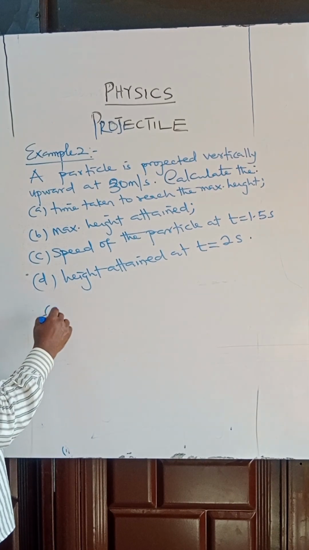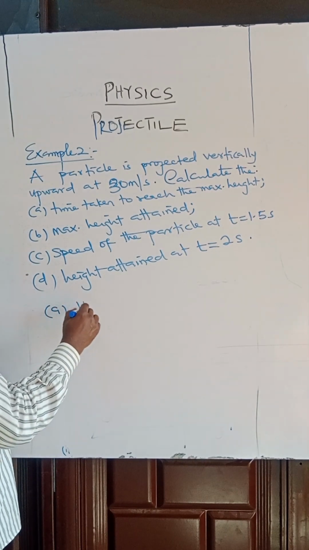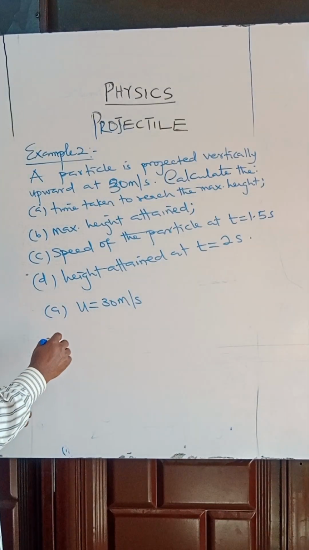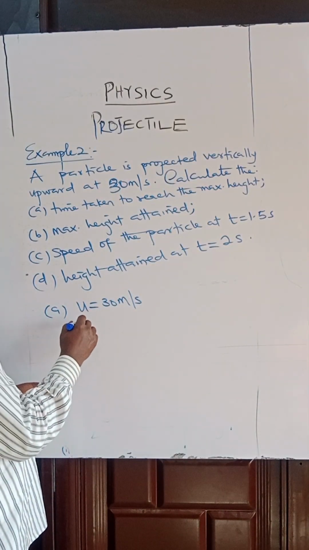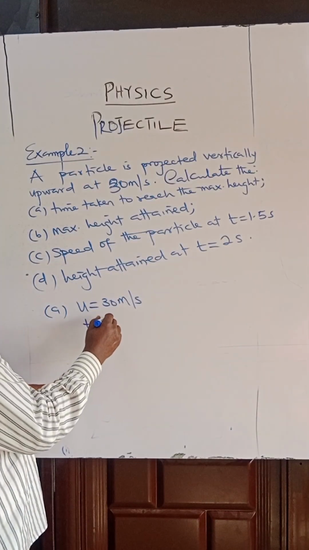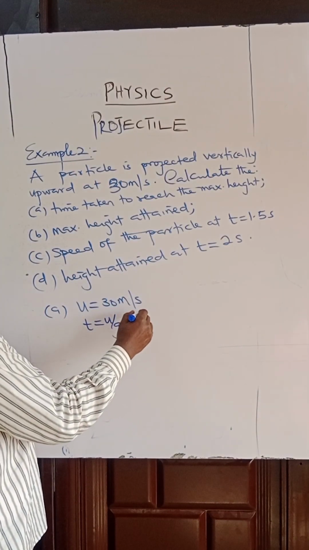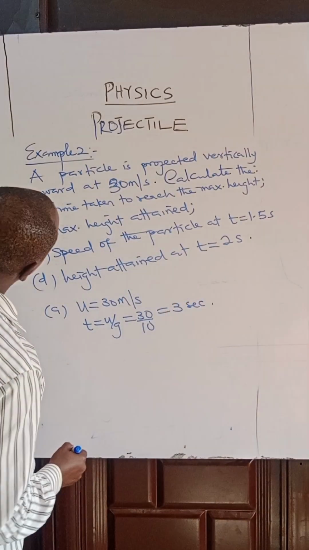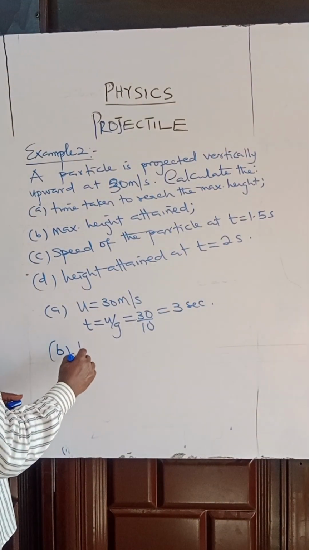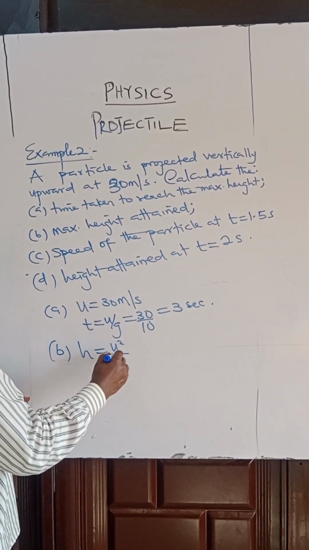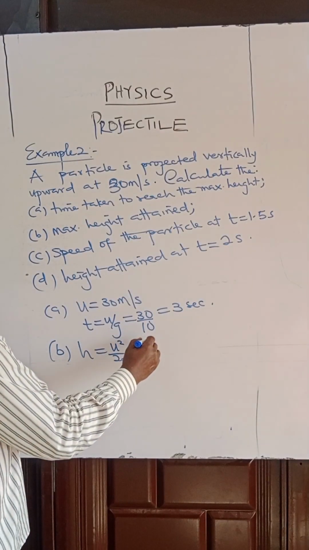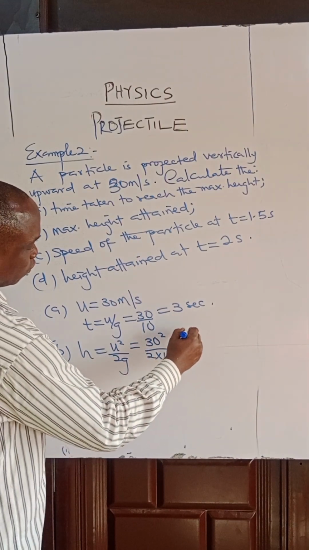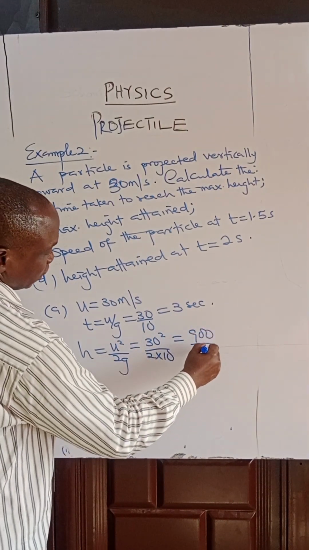The first one, solution. You know that u is given to be 30 meters per second. So what you need to do here is to use t = u over g. That is 30 over 10. This one will give you 3 seconds. B, maximum height, h = u squared over 2g. That is 30 squared over 2 times 10. This one will give you 900 over 20.